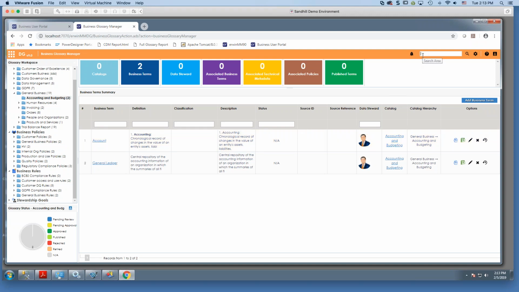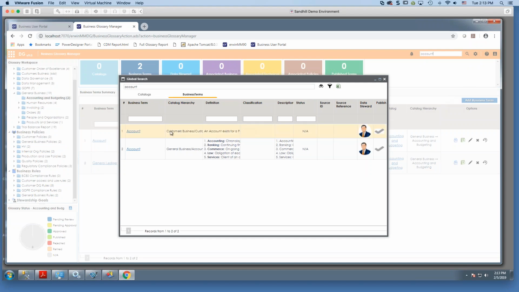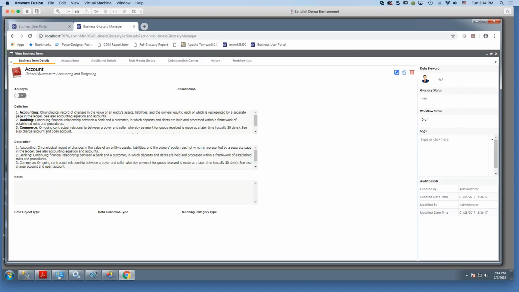If I were to go into, let's say, search, and I typed in account and then click the magnifying glass, what I should be able to see is that I have two instances of account. One might be for one context, one might be for another context. Sometimes there's another way of handling it where people will do what's called an enumerated definition, which I have in this particular account here, where I've basically enumerated this subject.